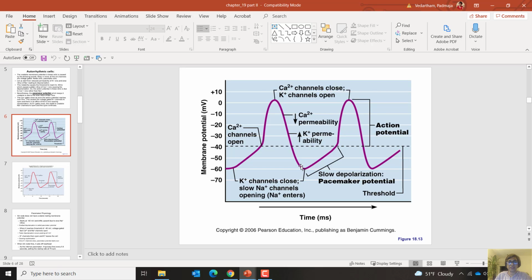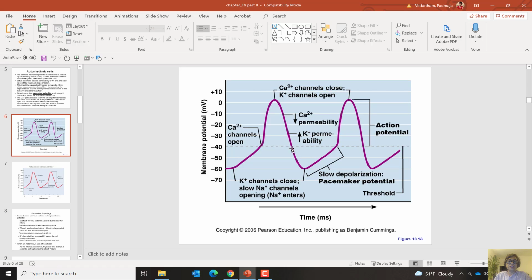The potassium gates close very slowly, and this hyperpolarization is what causes the sodium gates to open. So hyperpolarization in the non-contractile autorhythmic cell is extremely important because that leads to the pacemaker potential.